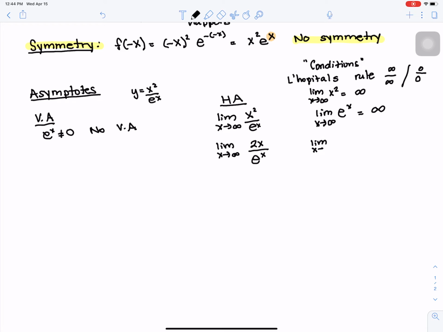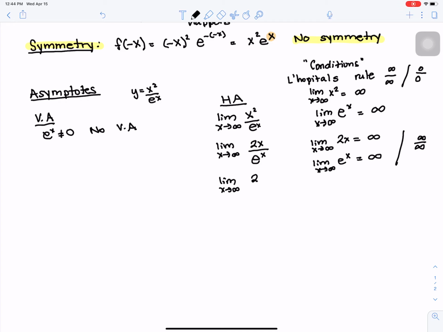And you try to evaluate the limit again. So if I do the limit as x approaches infinity of 2x, I get infinity. The limit as x approaches infinity of e to the x is e to the infinity, which is infinity. Again, it falls under the infinity over infinity type. So I would do L'Hopital's rule again.